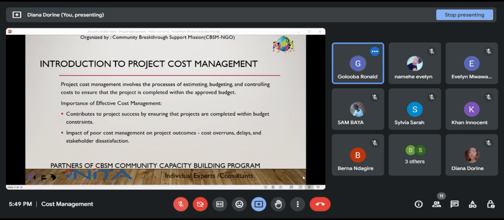The importance is that cost management contributes to project success by ensuring that projects are completed within budget constraints, and it also addresses the potential impacts of poor cost management on project outcomes. Those impacts can include cost overruns, delays, and stakeholder dissatisfaction. So, as you see, this is a key component of the project management process. Next slide, please.